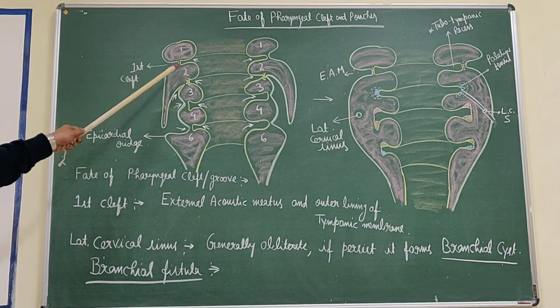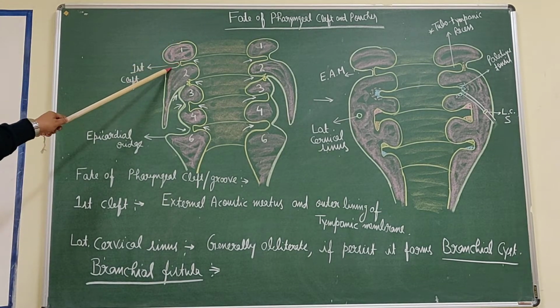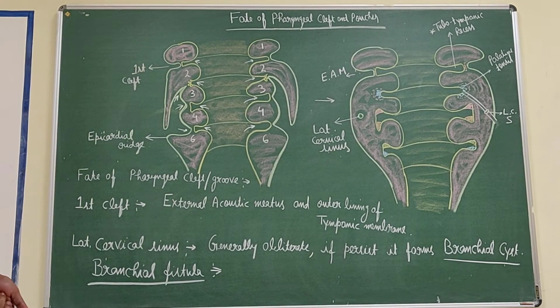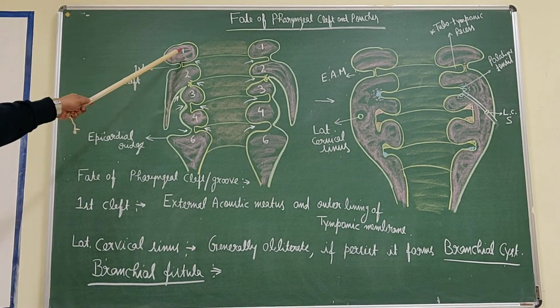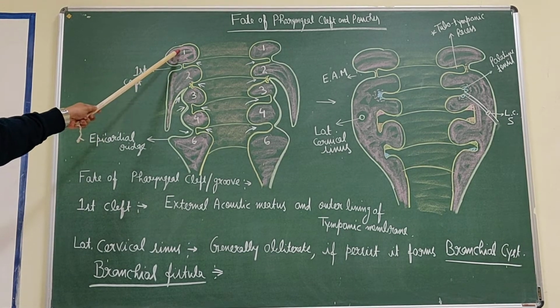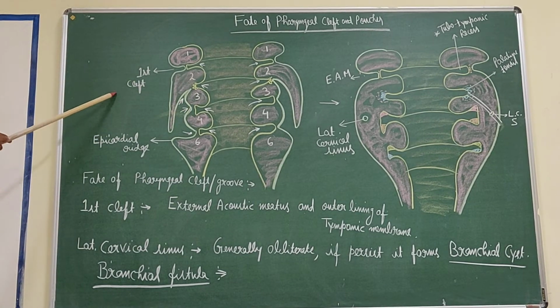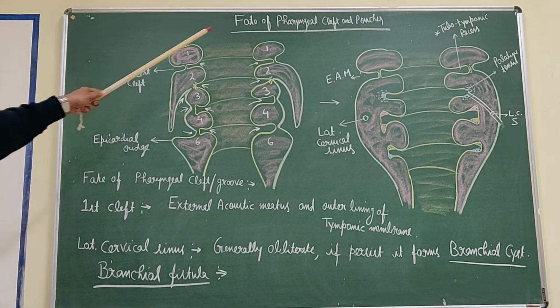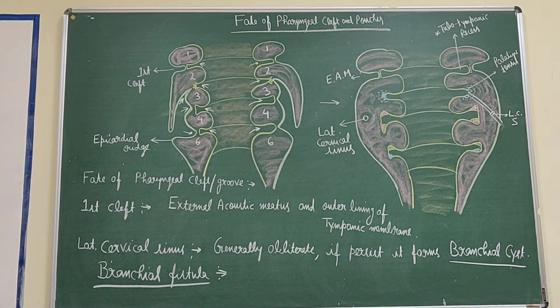Now, these pharyngeal arches are lined outside by the surface ectoderm, that is skin. Between individual adjacent arches there is a groove. These grooves are known as the pharyngeal clefts.